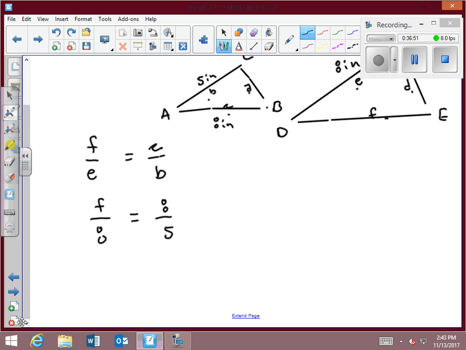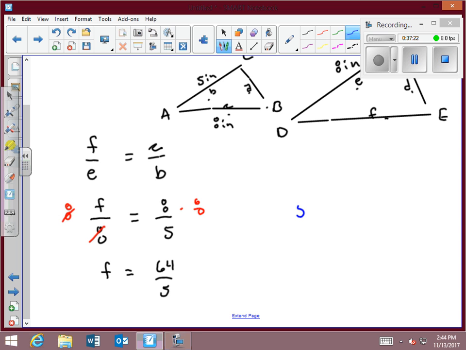Well, this problem right here, don't multiply by least common denominators, don't cross multiply, but to get F by itself, what would you do? You'd multiply 8 times this and 8 times that. That's the easy way to do it. This cancels and you get F by itself. And you get 64 over 5. Now, if you wanted to, you could cross multiply.